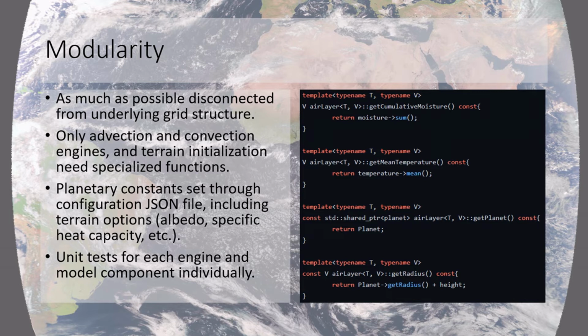We also made sure that planetary constants, so what the atmosphere is composed of, the terrain constants, so albedo, specific heat capacity, and so on, are set by the user at runtime, and therefore you can play around with different types of planets. So how does Mars look? How does, say, Tatooine look? And it also allows us to create unit tests for each engine and model component individually, which is of great benefit if you want to swap out a unit, for example.